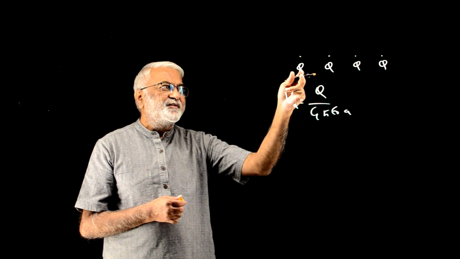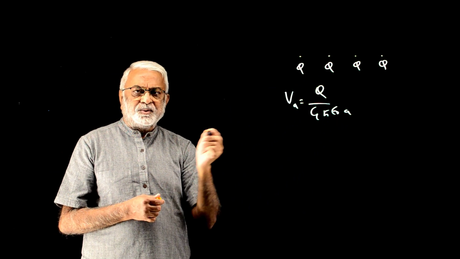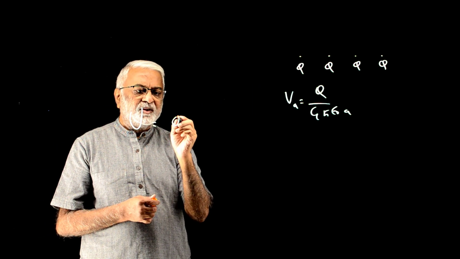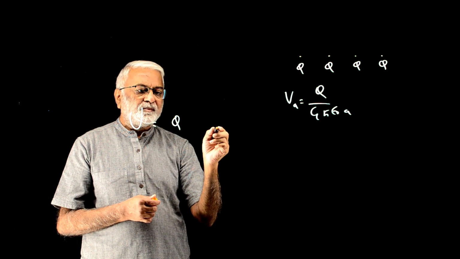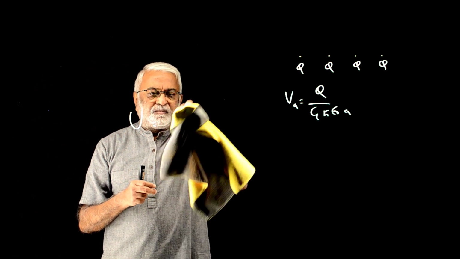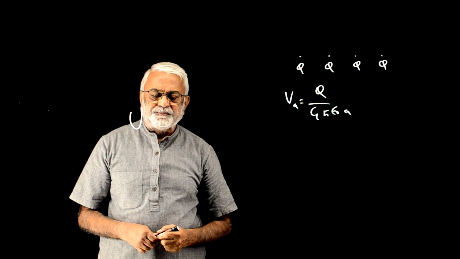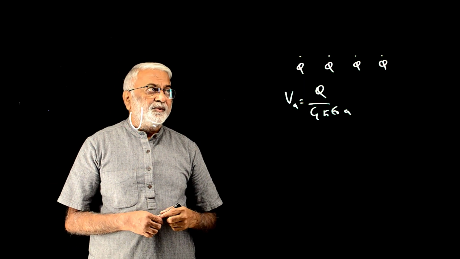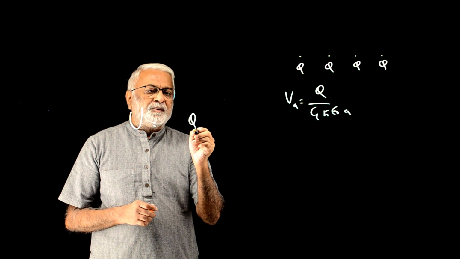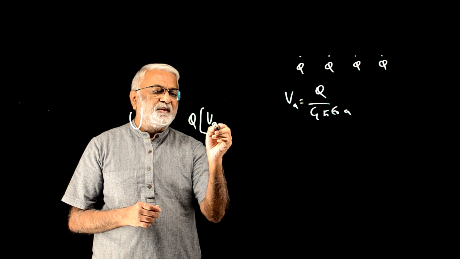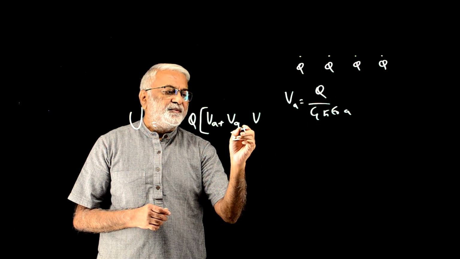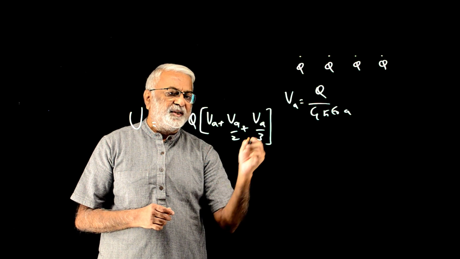So we have sigma Qi Vi by 2, right? So Q, first charge, into potential at the place where the first charge is: potential due to adjacent charge is VA, the other one which is at twice greater distance VA by 2, then the farthest one is VA by 3, right?